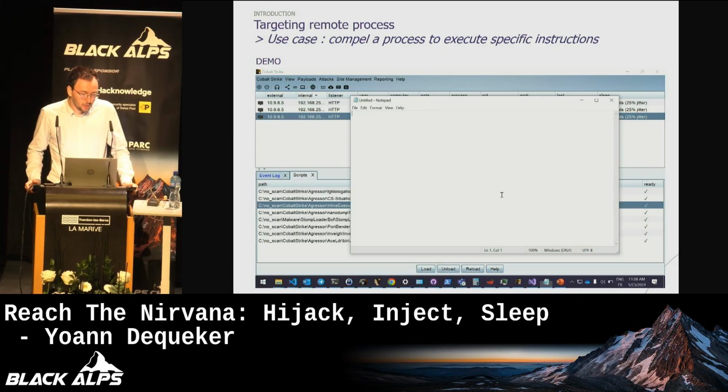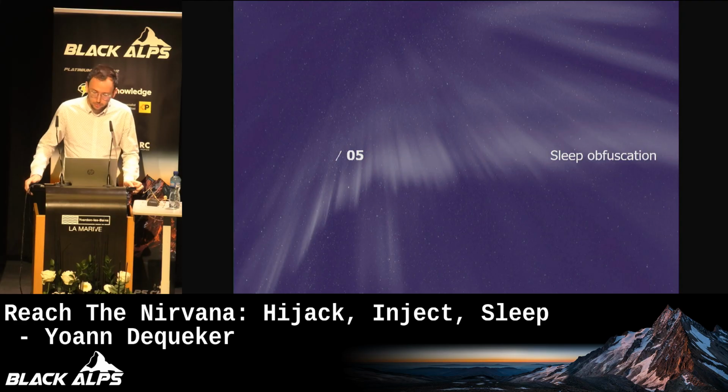But when you are using command and control, there is another use case you have to keep in mind, which is that your beacon will sleep. And a lot of EDR solutions focus on the state of the beacon to detect it. For example, if you are using Cobalt Strike without any obfuscation, during the sleep of the beacon you will have a specific set of bytes in memory, and EDR solutions have a specific pattern to detect this memory pattern.